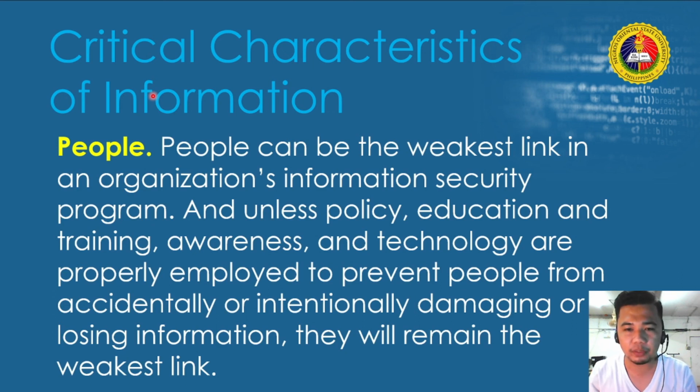So always remember that we are the weakest link of a system. That's why it's always good to seek security systems that can help reduce human errors.